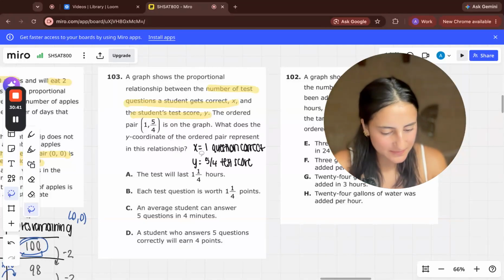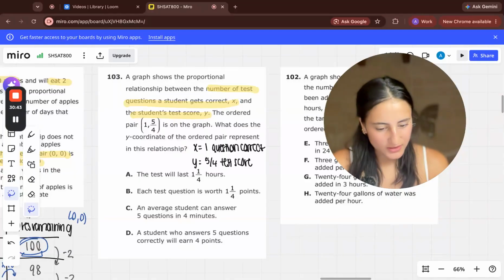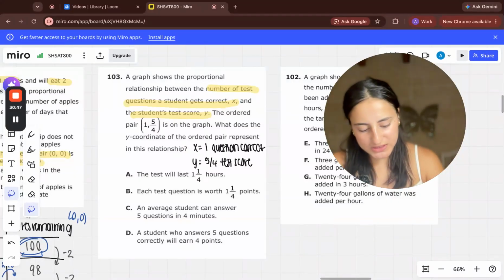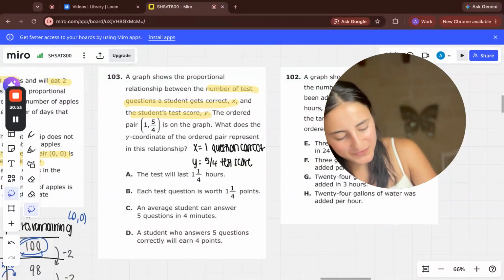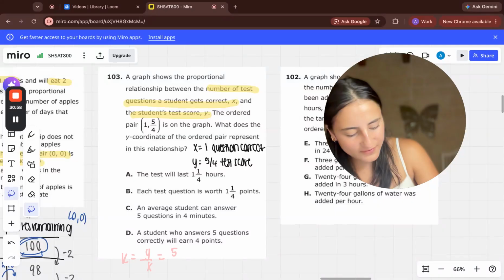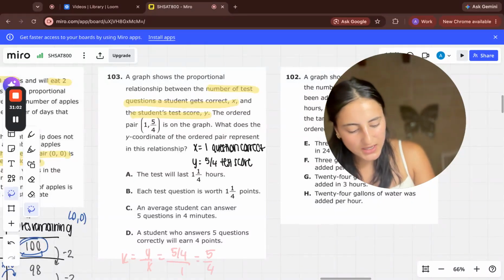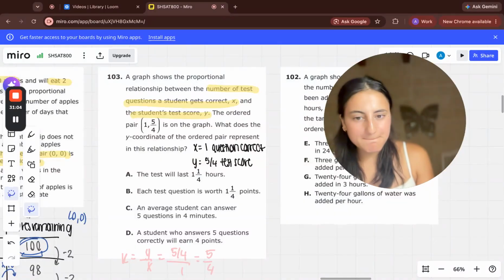What does that represent? Okay, so what that's demonstrating to me is the original interpretation that we wrote, which is that, first of all, we can find what K is, the constant of proportionality. K is equal to Y over X, which is equal to 5/4 over 1, which is equal to 5/4. Now, what does that demonstrate here?